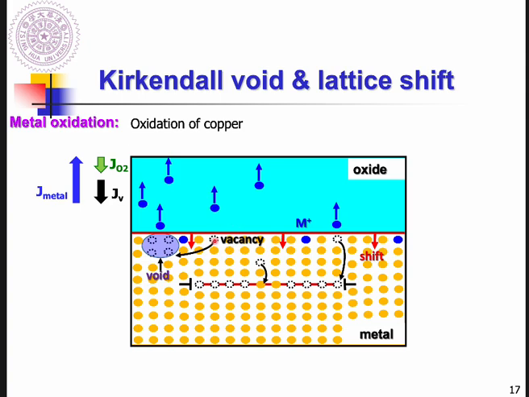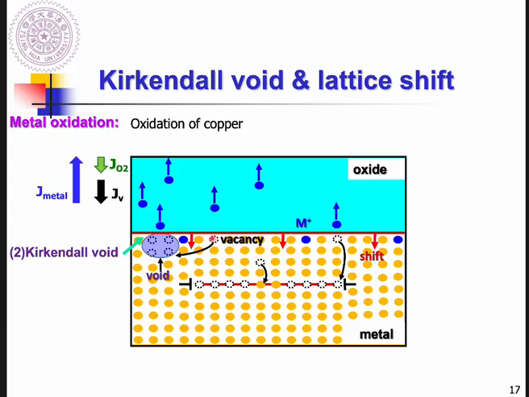We will have lots of vacancies formed or observed at the metal side. As long as these vacancies get together, they have a chance to form a void. This void we call a Kirkendall void.